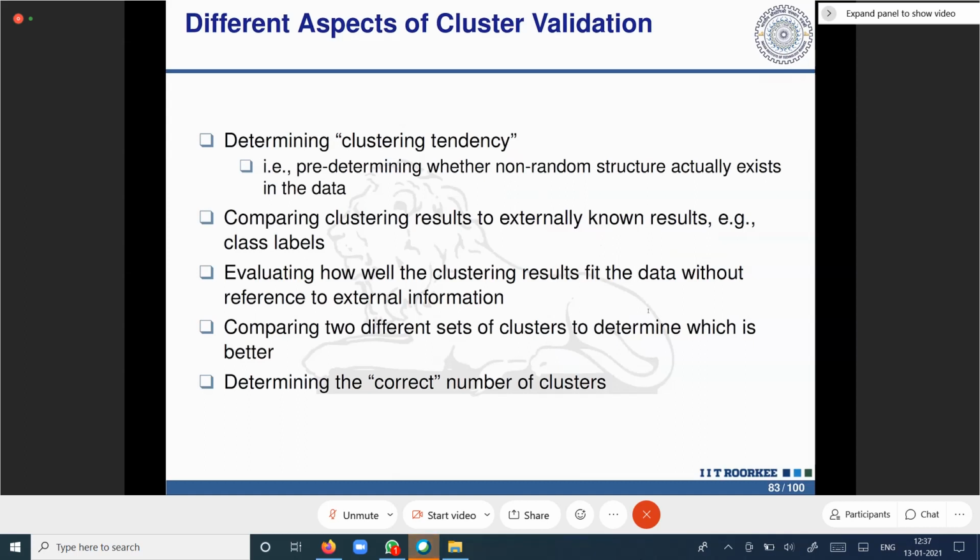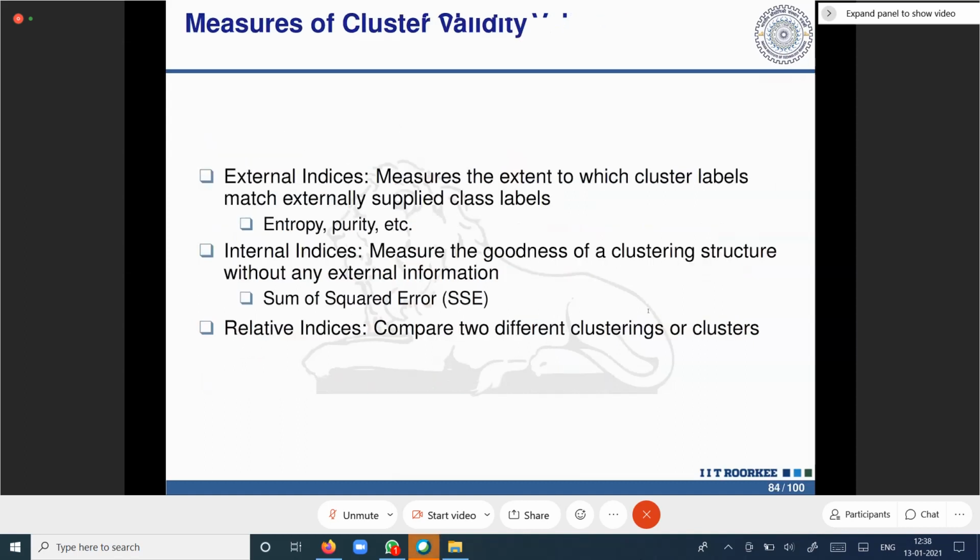Then comparing the clustering result to externally known results, that is class labels, and evaluating how well the clustering result fits the data without reference to external information, because that is not always available. Also, we want to find which of two sets of clusters is better, and determine the correct number of clusters, because this is usually an input, and if we do not know that, we experiment with different values of k, and then we choose which one is the best.